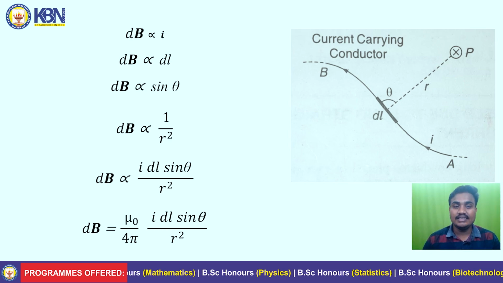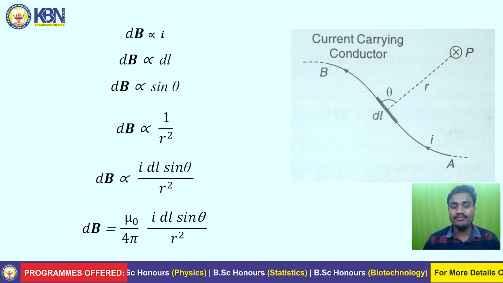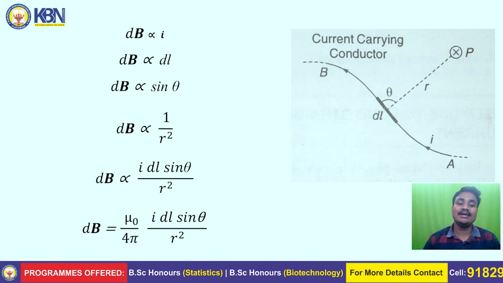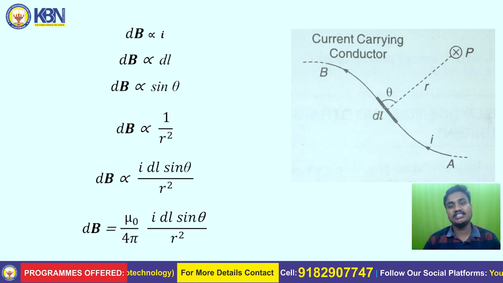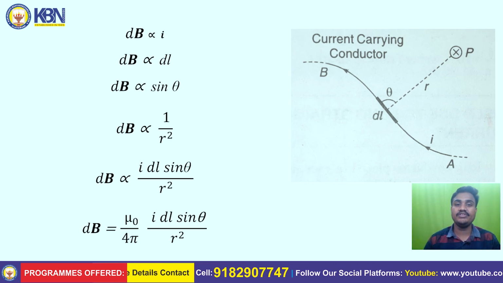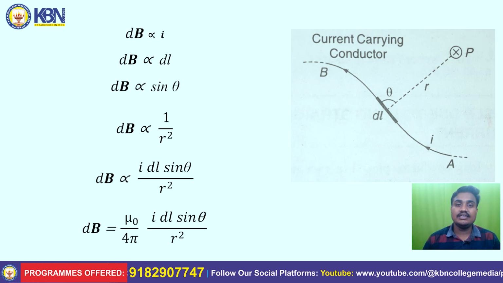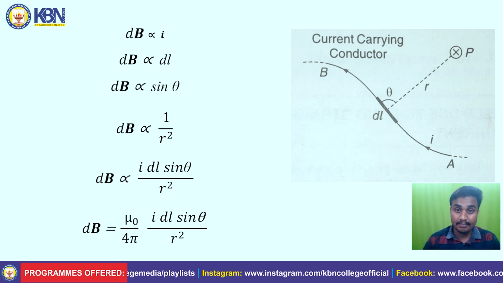So dB is equal to mu naught by 4 pi times I dl sine theta by r square, where mu naught is the permeability of free space. Just as epsilon naught is the permittivity, mu naught is the permeability in magnetostatics. Mu naught by 4 pi is called the proportionality constant, and mu naught is called the permeability of free space.